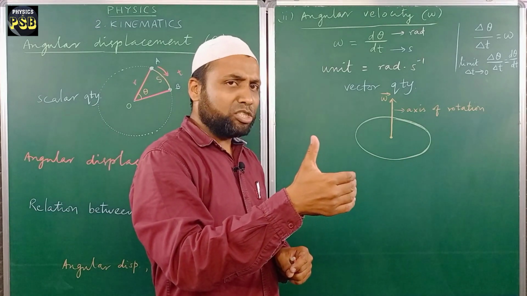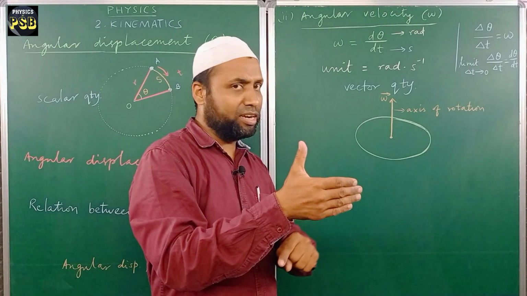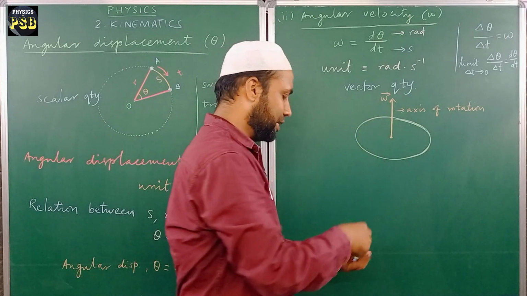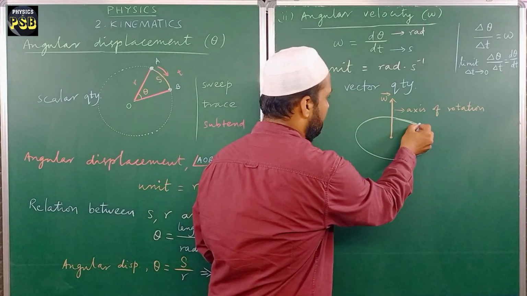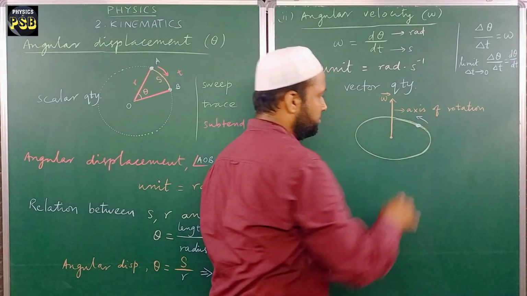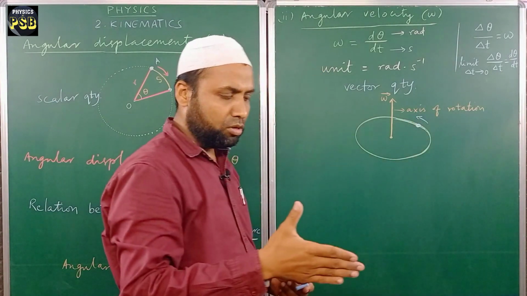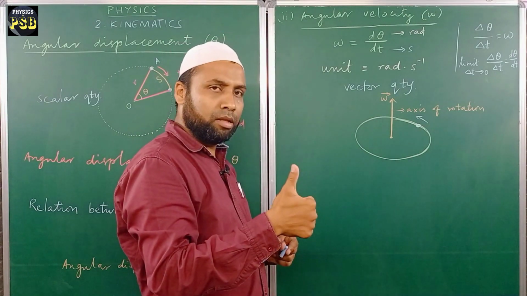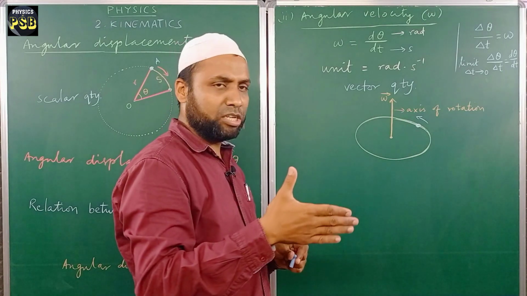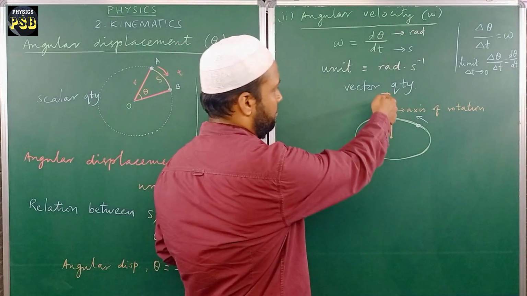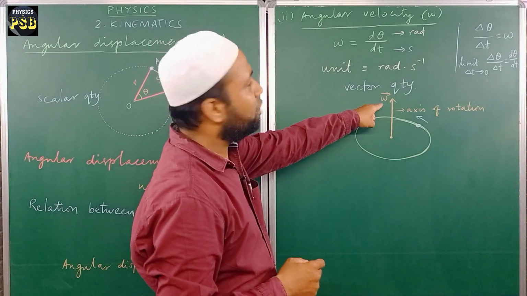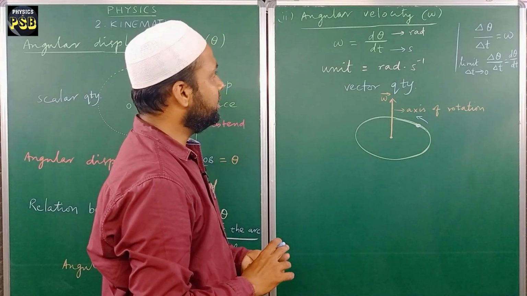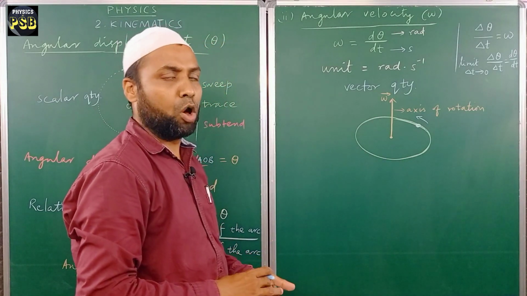The direction in which these 4 fingers move gives the direction of motion of the object in the circular path. Here, the object is moving in this direction. Then the direction the thumb represents provides us the direction of angular velocity. Clear?